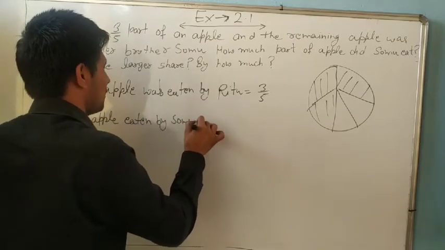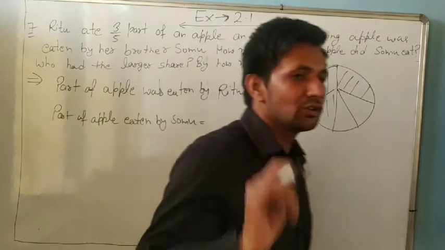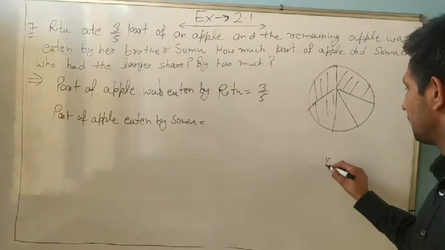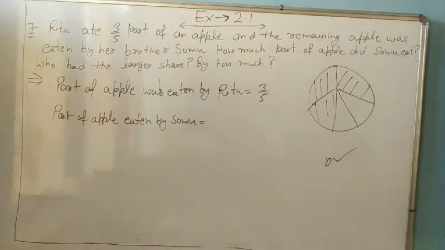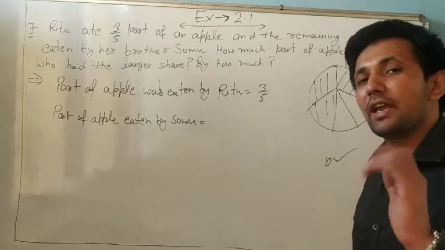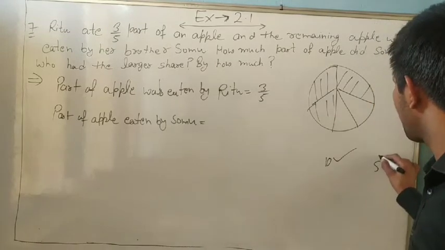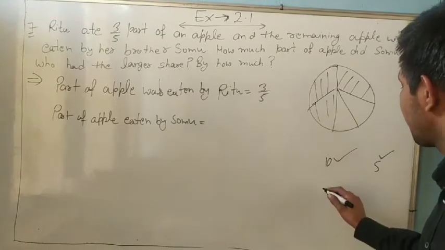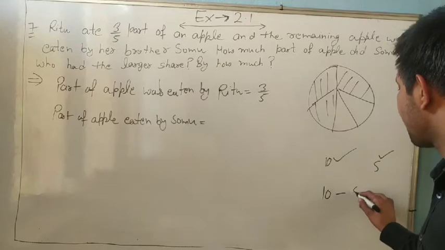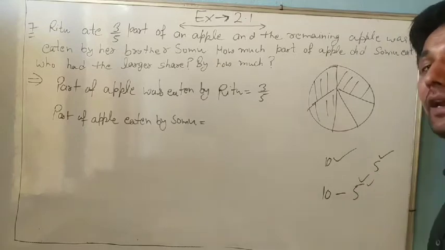Somu. How much? Suppose you have 10 rupees, and you went to a shop and took chips for 5 rupees. How much do you have left? Total rupees minus how much you spent: 10 minus 5.